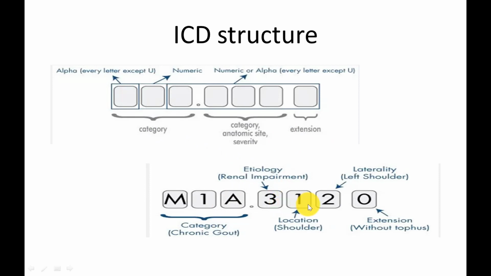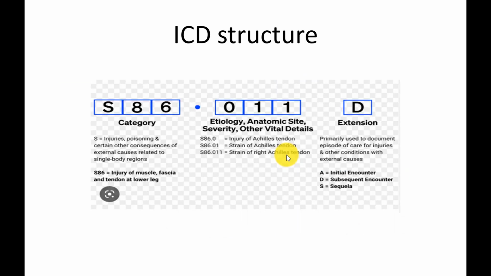Each number or alphabet has some importance, and that way we understand what exactly the diagnosis is. Another example of ICD structure: you can see S86. S stands for injuries, the first letter; injuries and poisoning all come under this. S86 is the code for injury of muscle, fascia, and tendon at the lower leg.